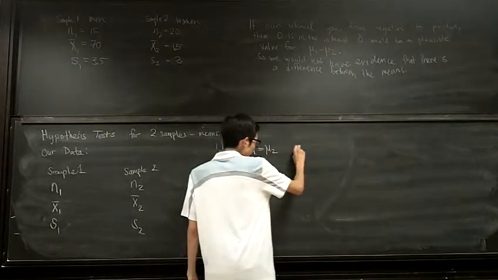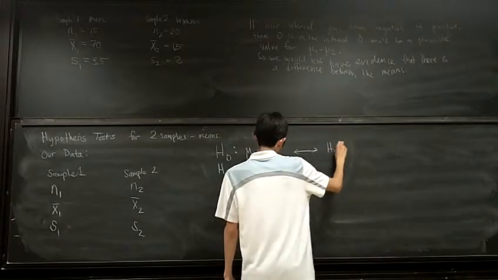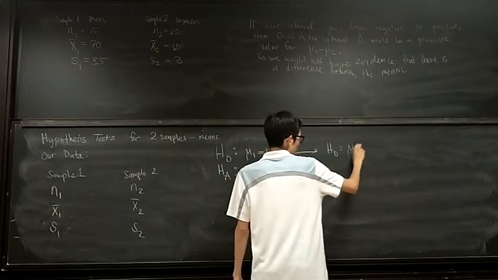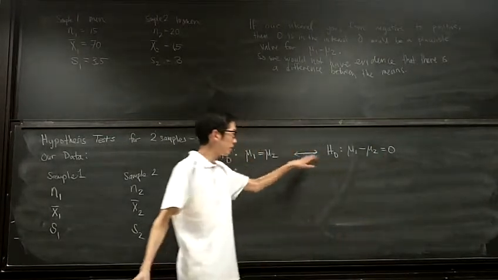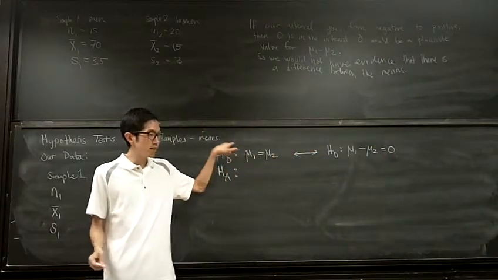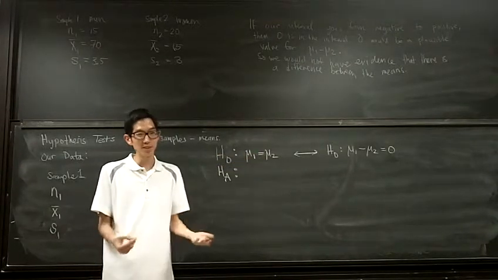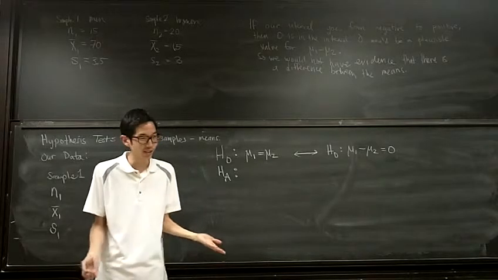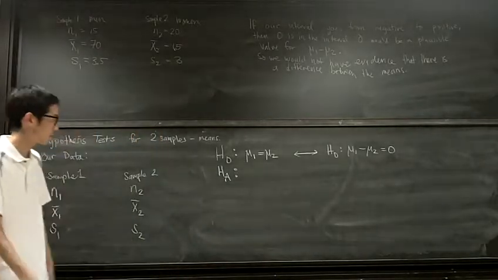Sometimes we can also write it this way. These 2 things are saying the exact same thing. One says the means are the same, and the other says the difference between the means, there is no difference between the means, okay? We're saying the same thing, right? Yeah. Just 2 ways of saying the same thing.